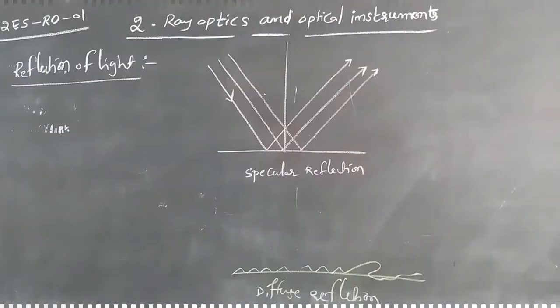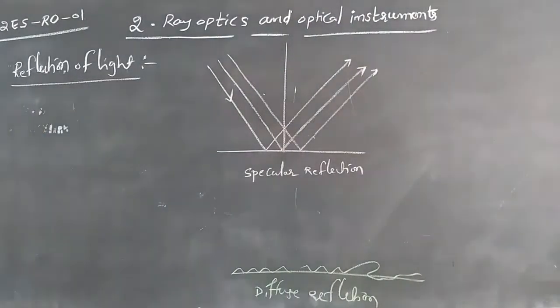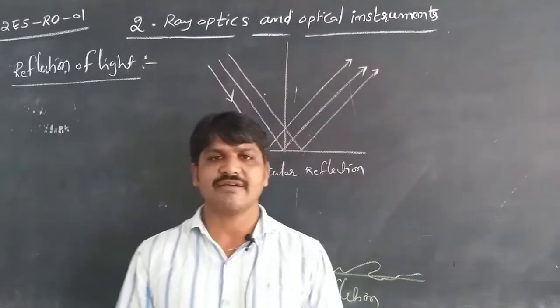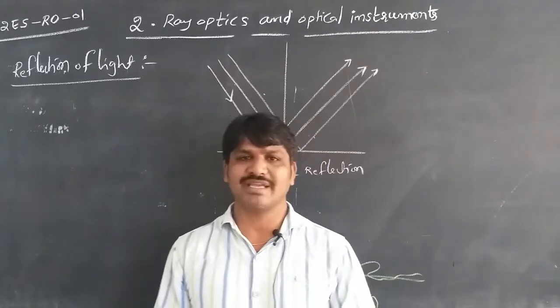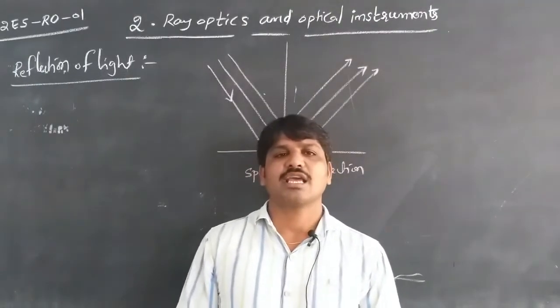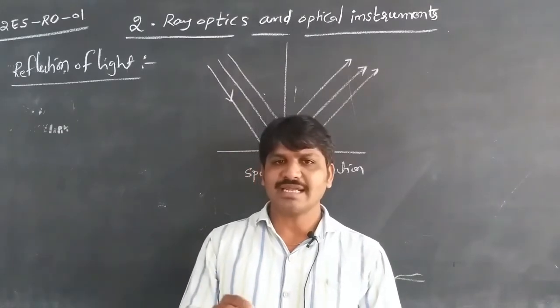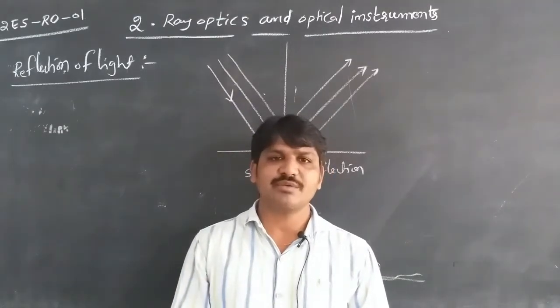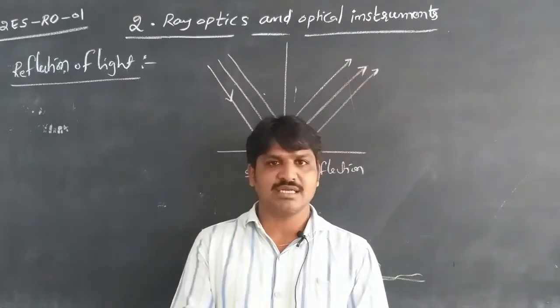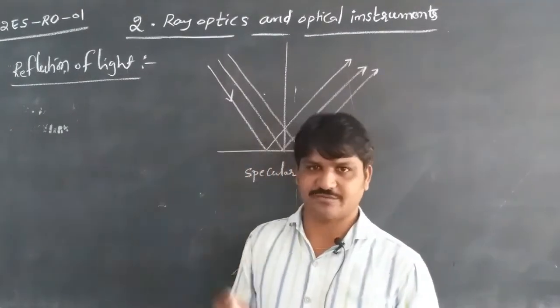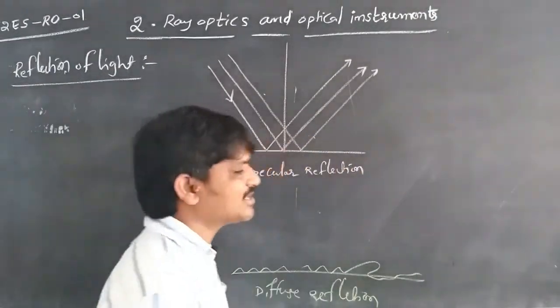Among the properties, when light travels in a medium and encounters a boundary, if the light does not change its medium and returns to its first medium, that is called reflection.